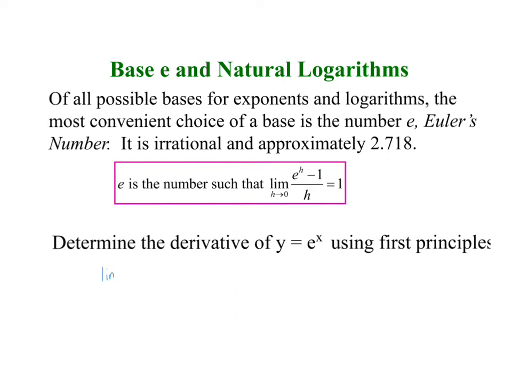There are lots of uses of it, but if we took an infinite limit of 1 plus 1 over n to the power of n, that would give us Euler's number. That was the first application of it, and it comes from compound interest. If you put $1 in the bank and had 100% interest, at the end of the year you'd have $2.